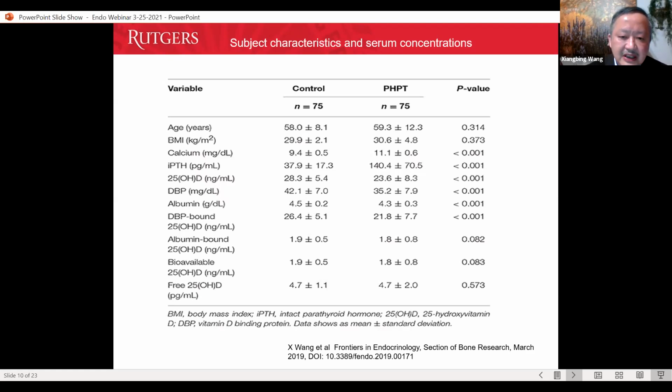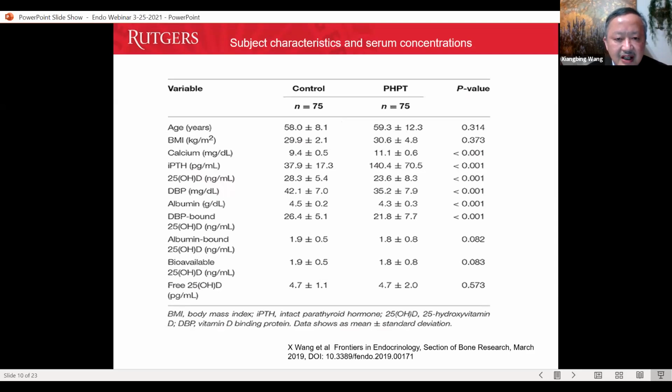This is a paper where we compared 75 primary hypoparathyroid patients. This kind of patient has high PTH and high calcium levels. You can see we matched the age and BMI. So the primary hyper patients have high calcium and high PTH.